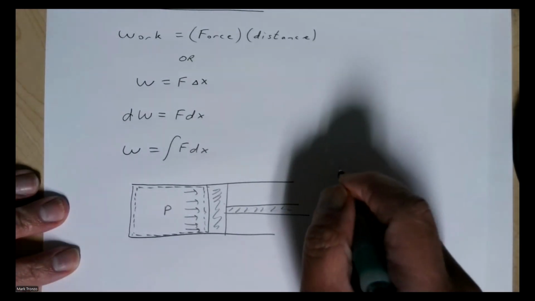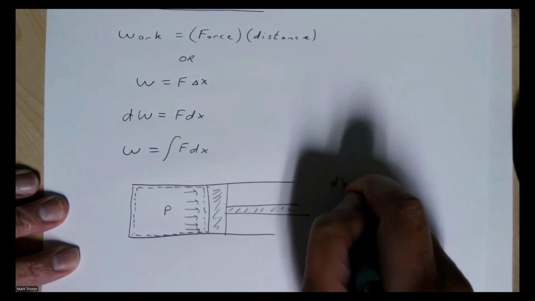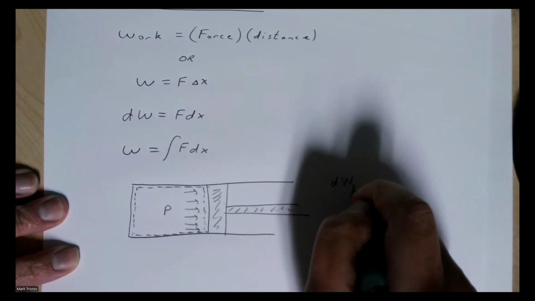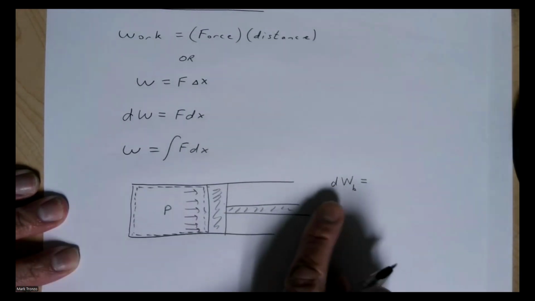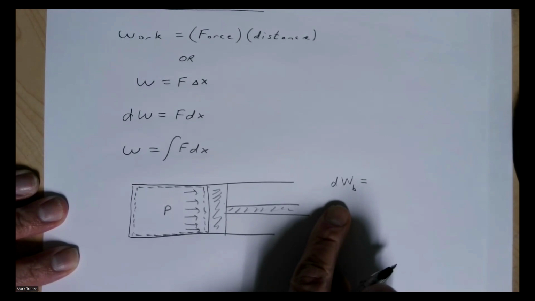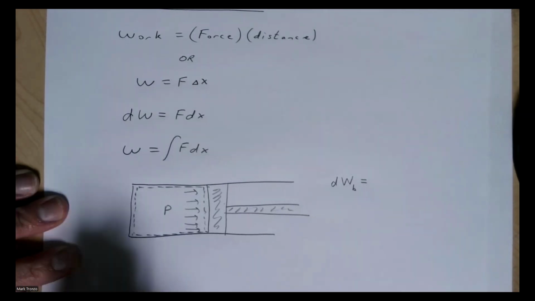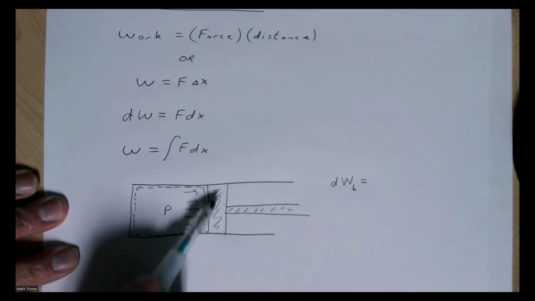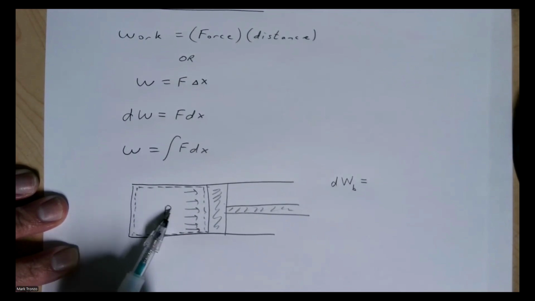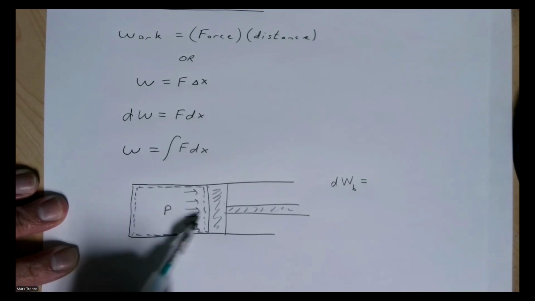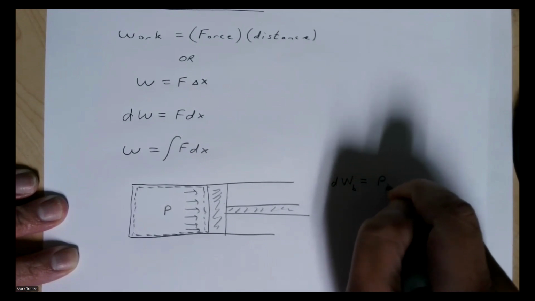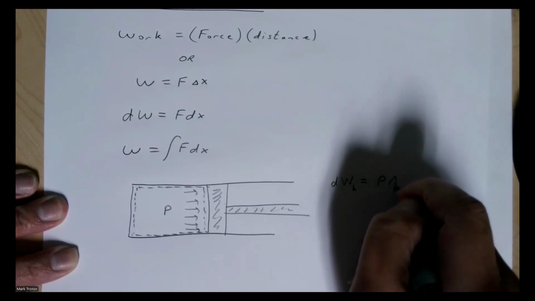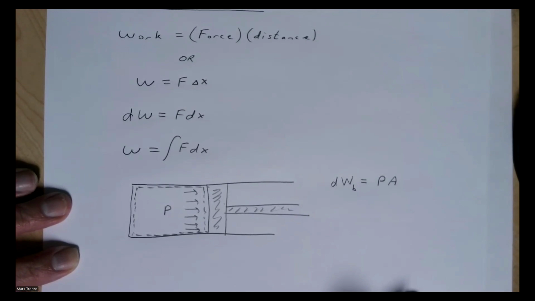So it's under pressure, and it's pushing in all directions. And so the boundary work, the differential form, is going to be the force. And of course, if you have pressure against the piston, then the force is going to be the pressure times the piston area, like this.